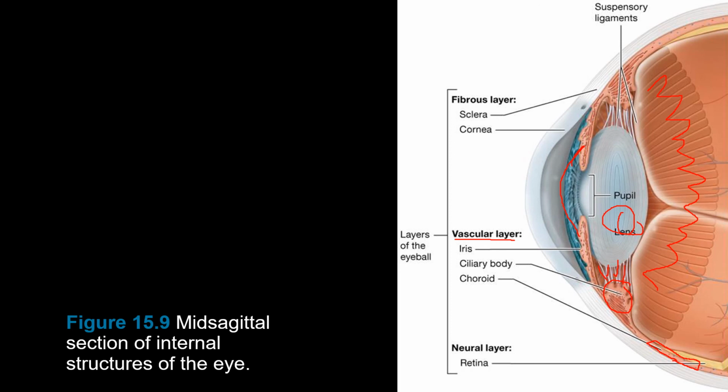What else? You can see a cross section of those smooth muscles here, the pupillary dilator and the pupillary sphincter muscles. Obviously, this empty area here would be the pupil. And that's about it for the vascular layer.